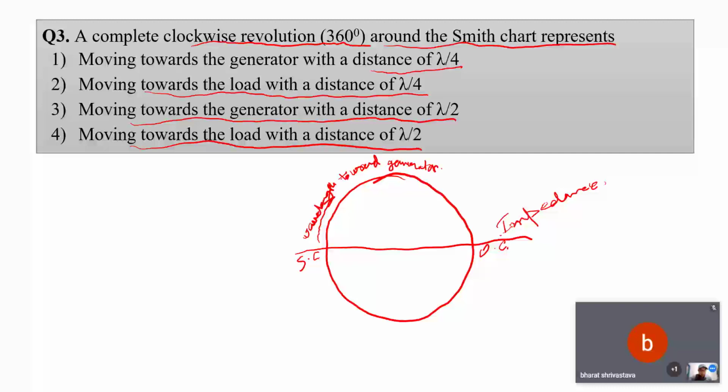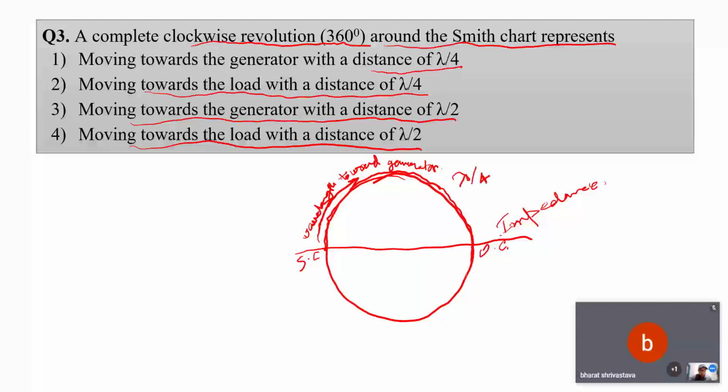So it means that if you move clockwise around this circle, you will go towards the generator. Also, as you all know, when you start moving clockwise from short circuit towards open circuit, the distance becomes equal to lambda by 4.